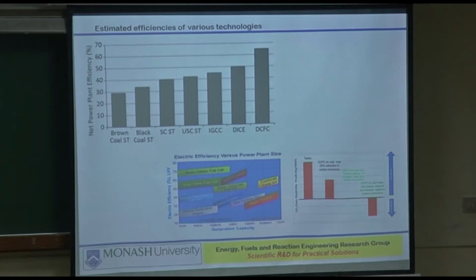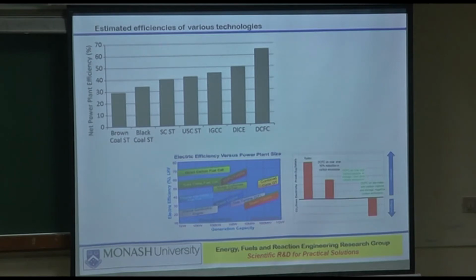So you can actually see, if you go along the technology curve from brown coal steam turbine to supercritical steam turbine to ultra supercritical, then you can go higher and higher until the ultra supercritical steam turbine.